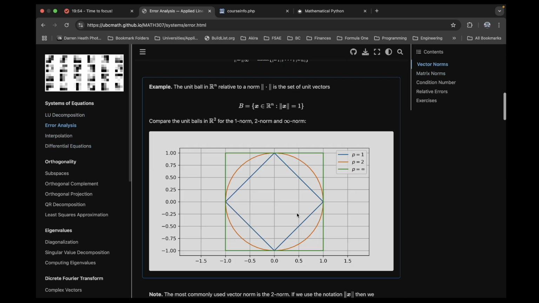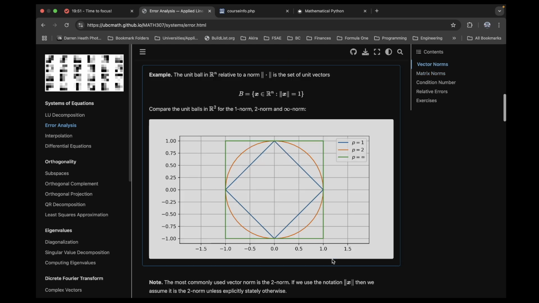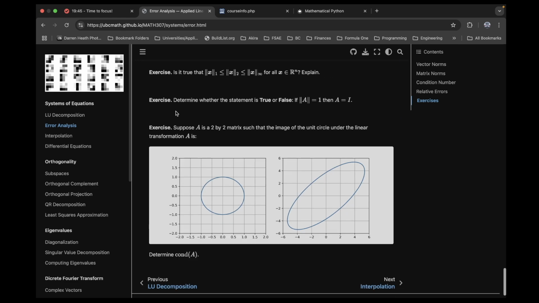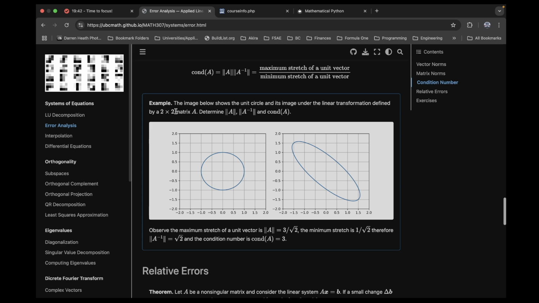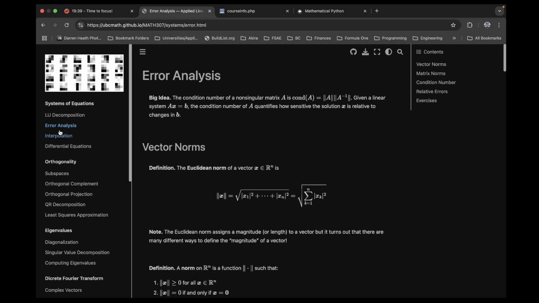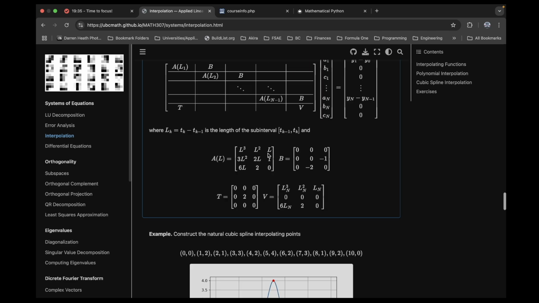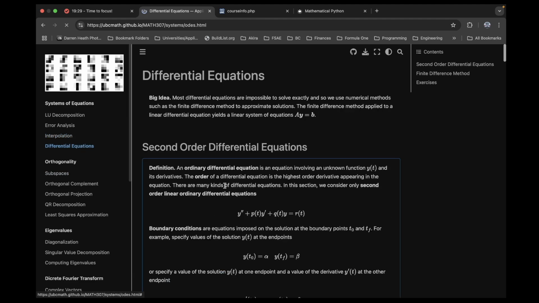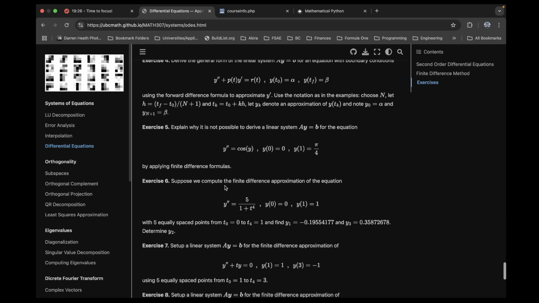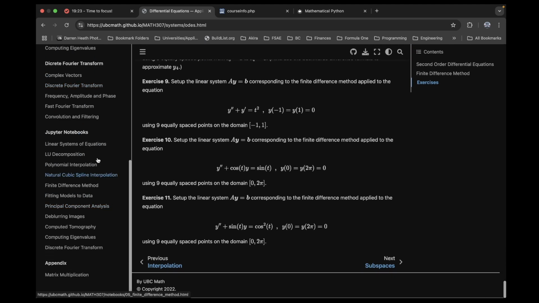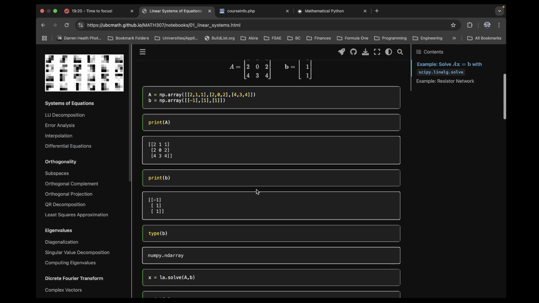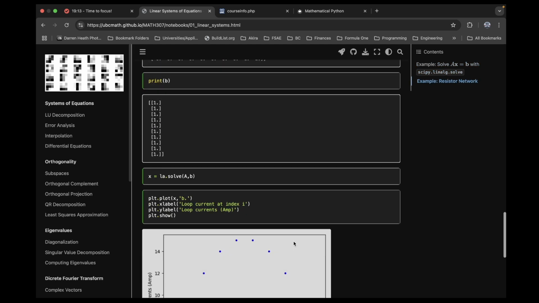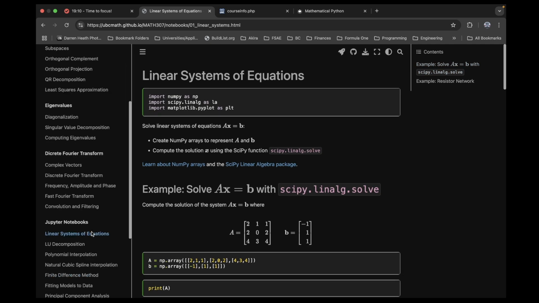Hold on. I just want to see quickly when we get to code. Oh, I see. It's right here.